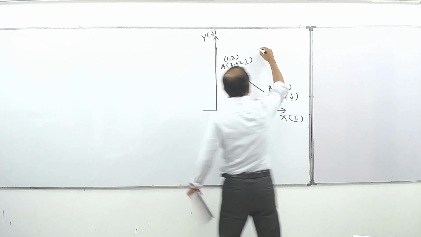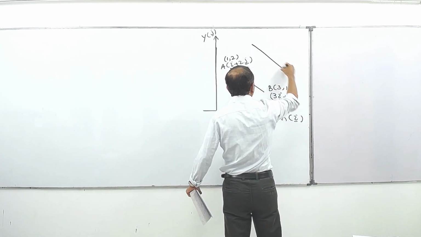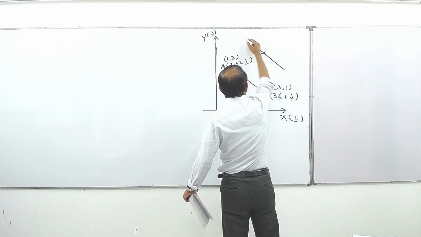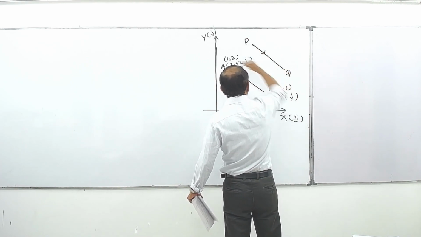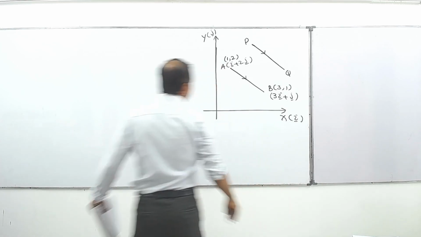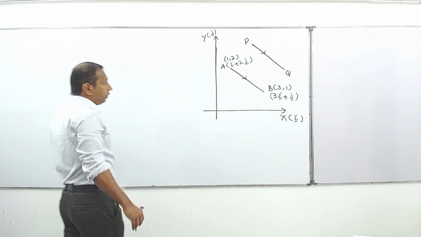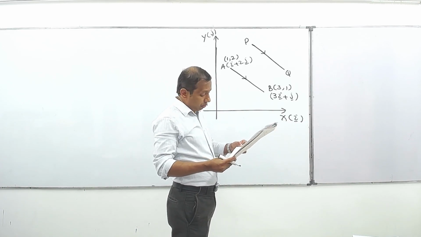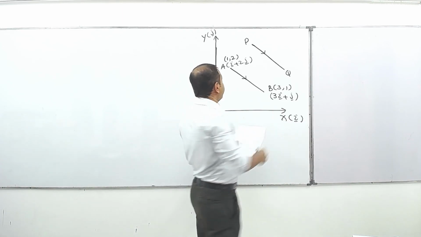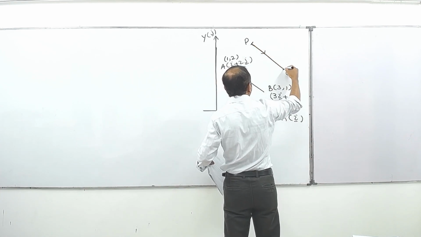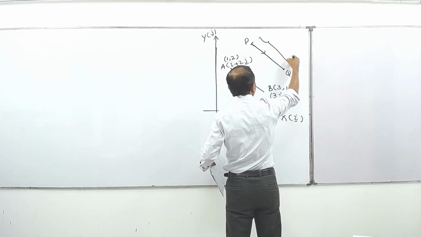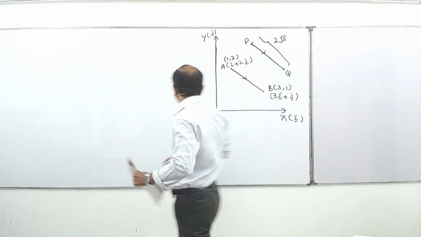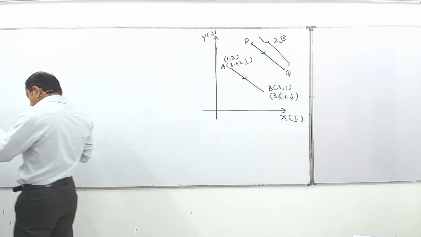Now we are given PQ vector like this, PQ vector acts in the direction of AB. PQ vector magnitude is given, 2 root 5. Magnitude means this length. Okay, 2 root 5. Then asking to find the vector PQ.